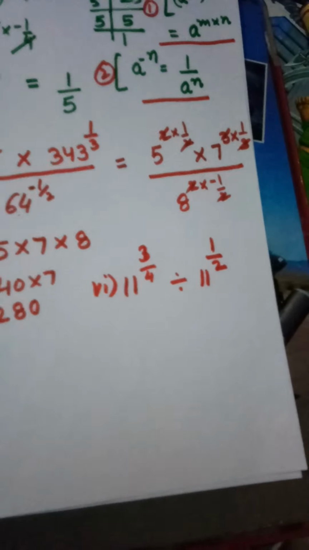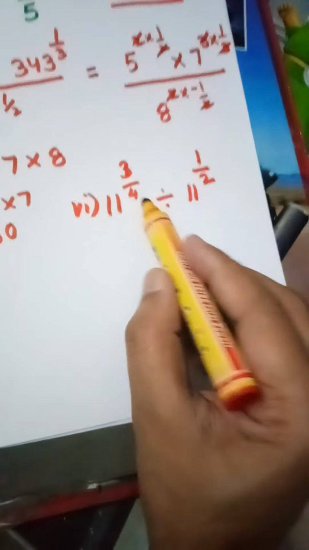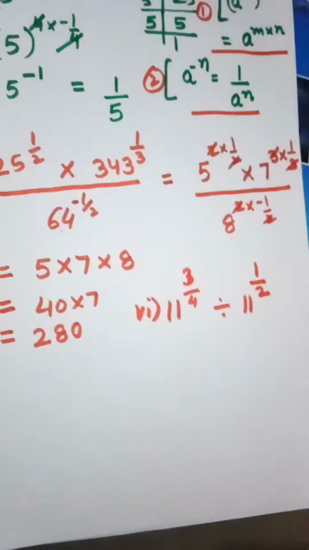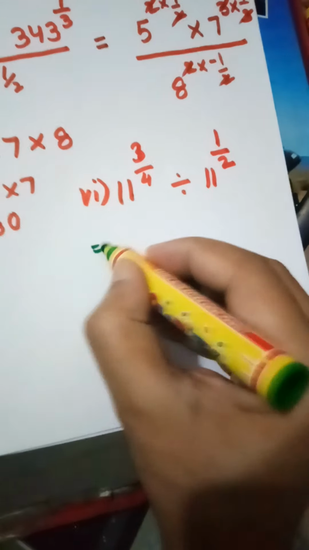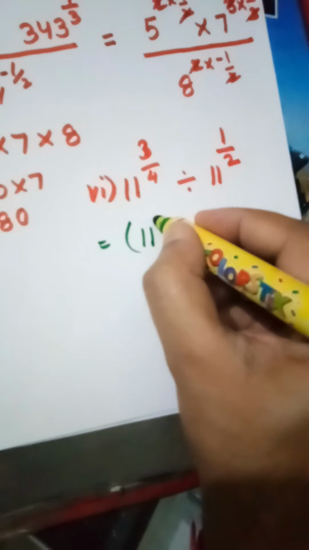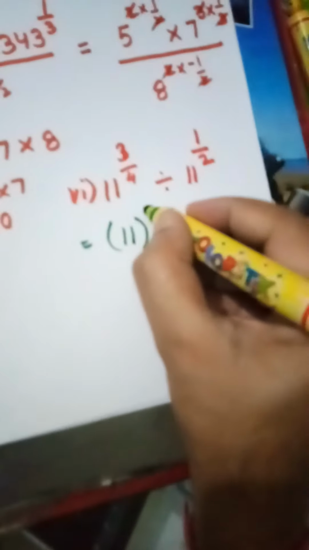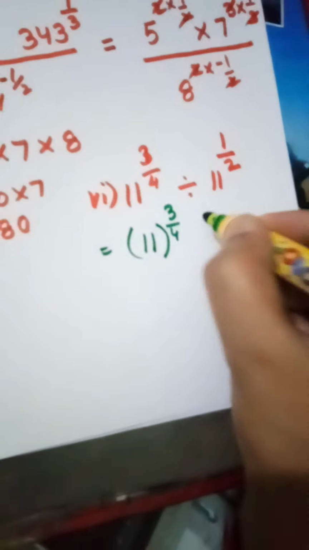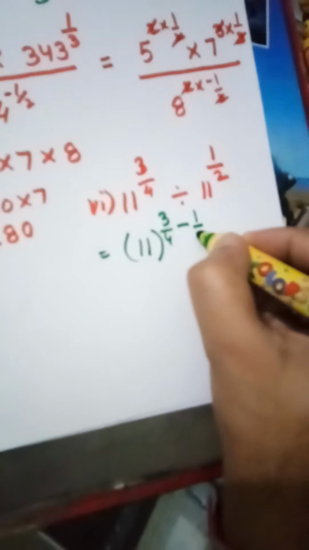Can you tell me which law of exponent can be used? Bases are the same and the divide sign is there. So what can we utilize over there? We can utilize the law of exponent as the bases are the same. So the base is written only one time, and the powers are now 3 upon 4 minus 1 upon 2.